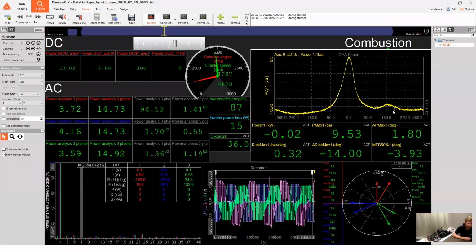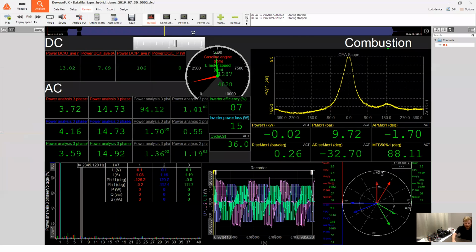So it's basically acting as a compressor, but still we can see all 4 strokes of the engine, and we have the actual shape of the pressure signal.